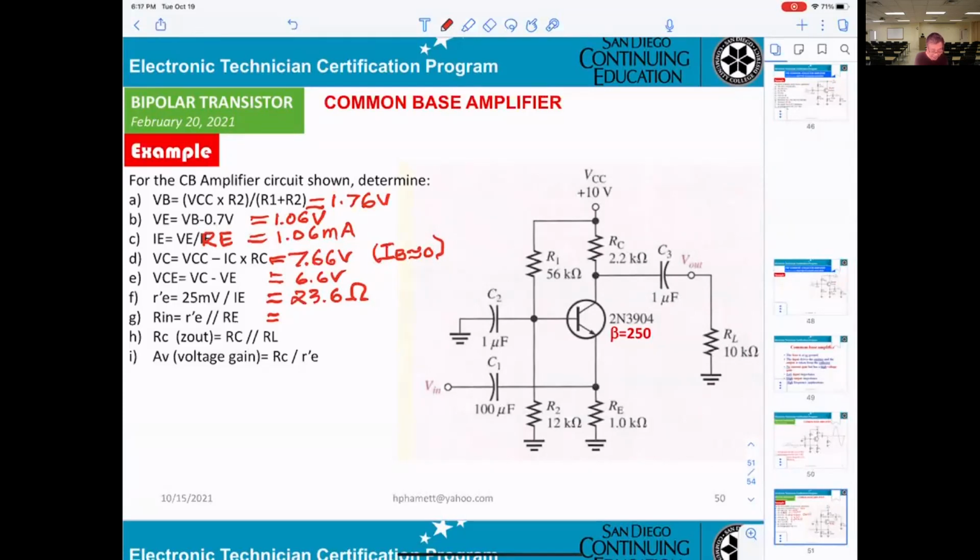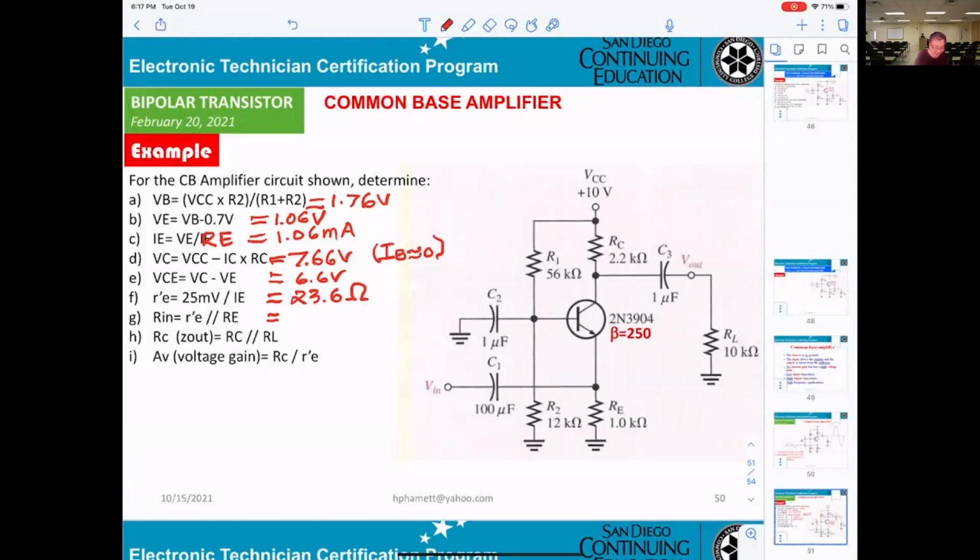You just add it in. You have 23.6, so 23.1 for Rn. You said 23.1 ohm.